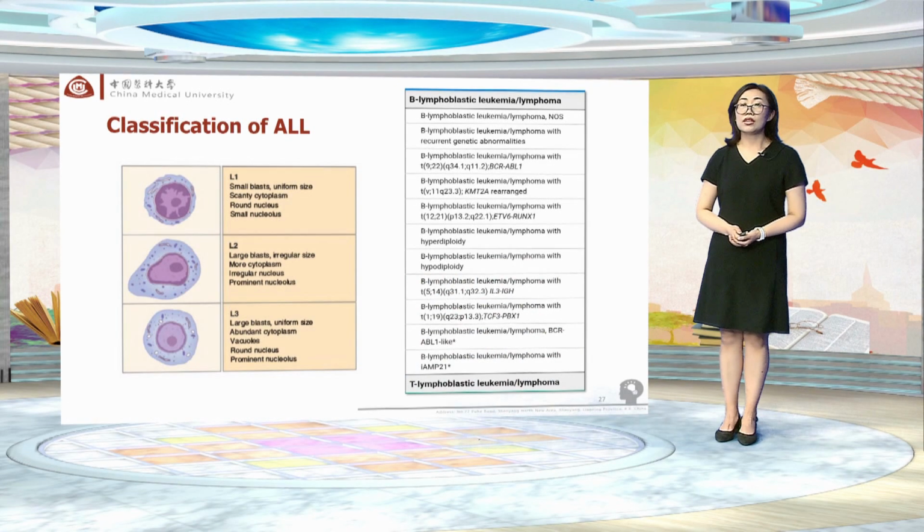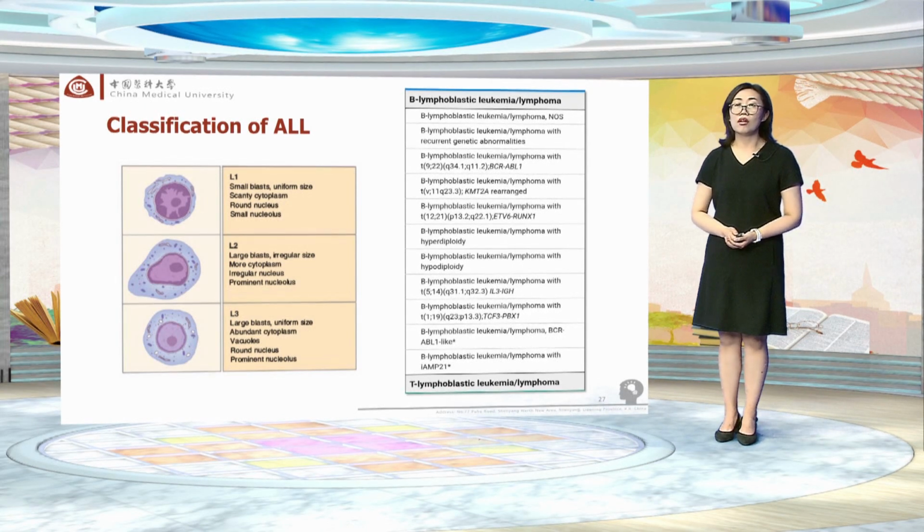Similar to the FAB classification of AML, ALL can be divided into 3 classes, L1, L2, and L3, from the morphologic appearance of lymphocytes in the peripheral blood and marrow. With L1 disease, the lymphocytes are uniformly small with round nuclei, little cytoplasm, and inconspicuous nucleoli.